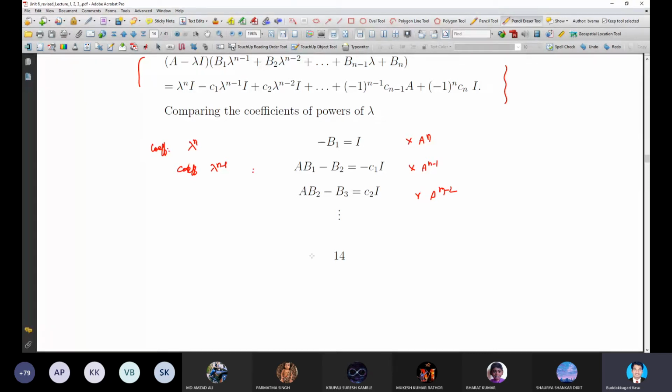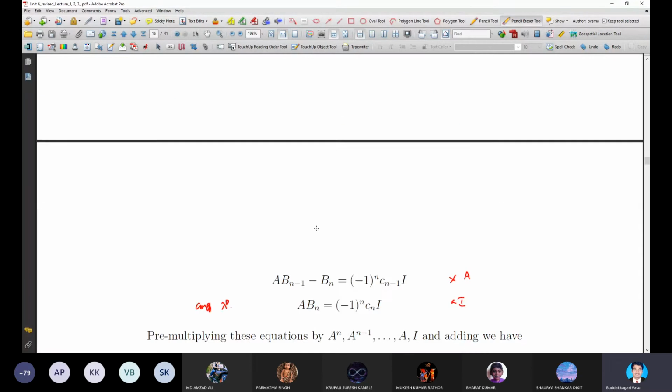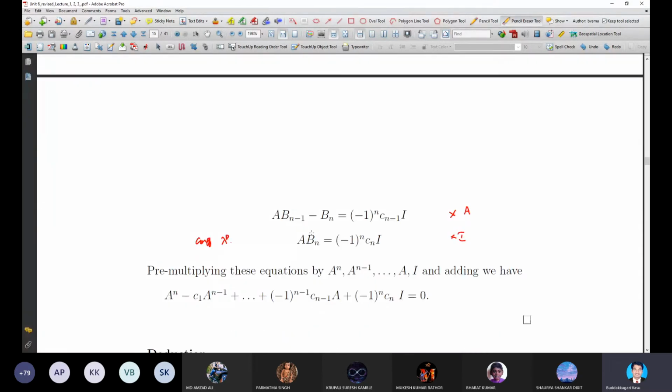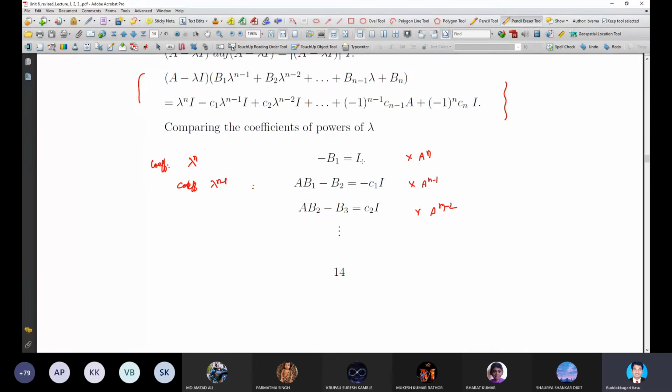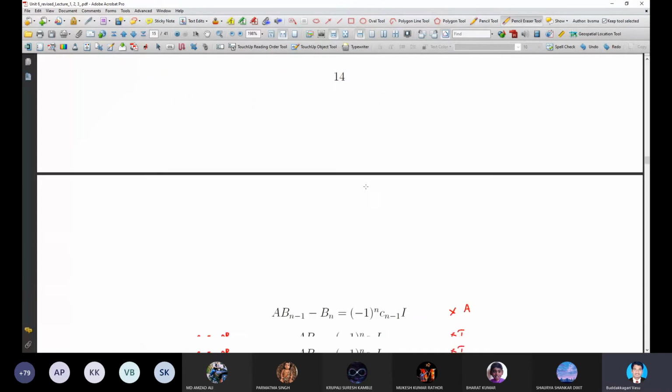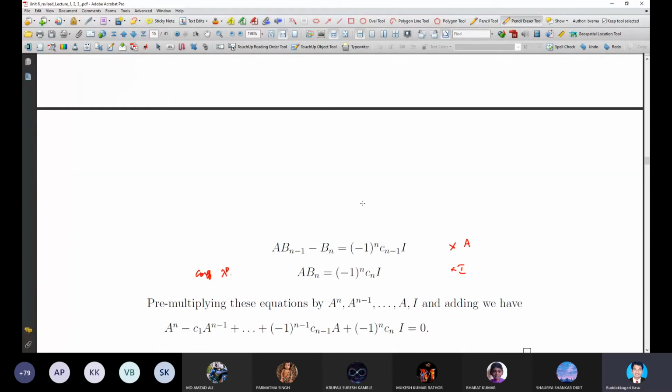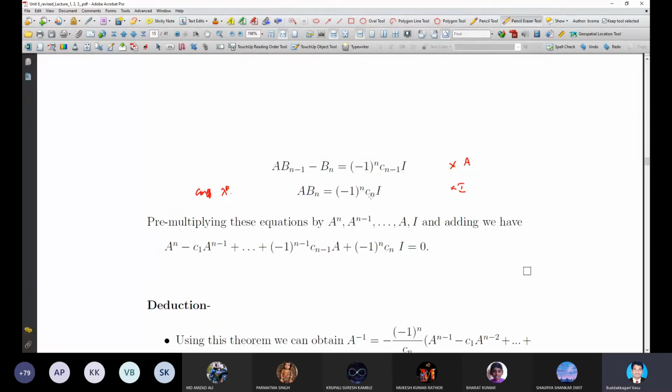Like that, all the terms will be cancelled on the LHS. All of them will be 0. Only the right hand side will remain. The right hand side values are A power n into I, minus C1 into A power n minus 1, plus C2 into A power n minus 2, and so on, minus 1 whole power n Cn into I, is equal to 0, right? This is what we have drawn.